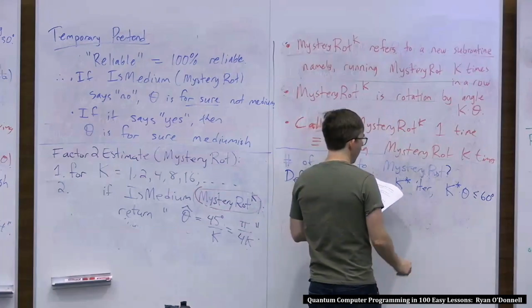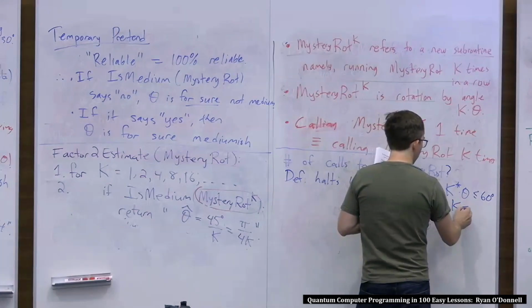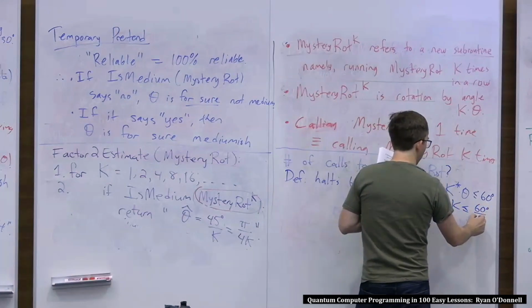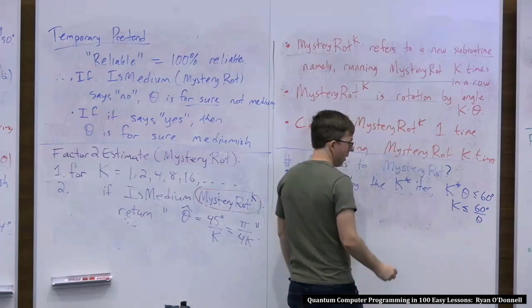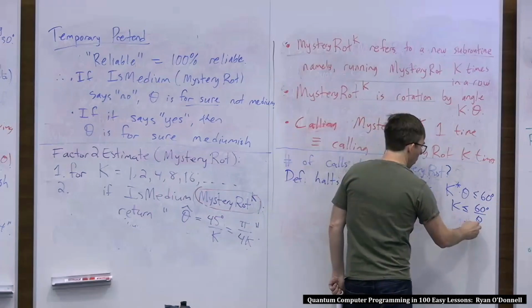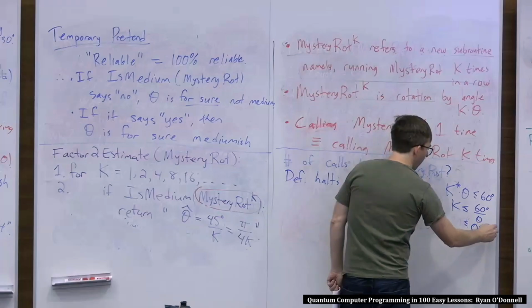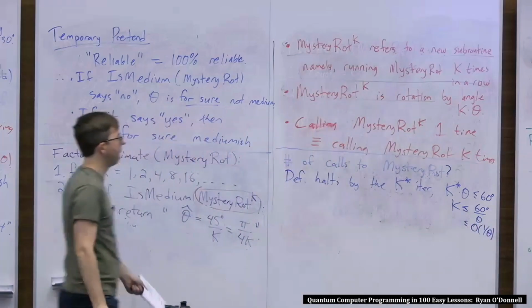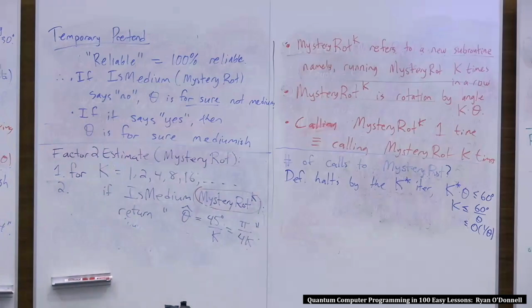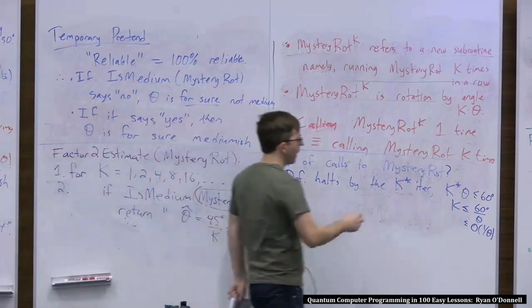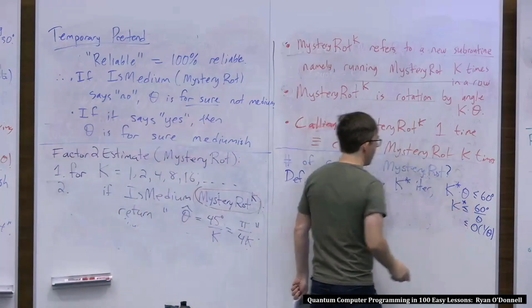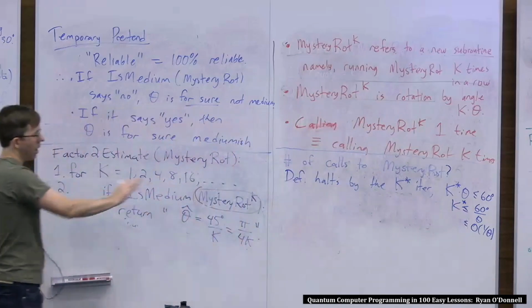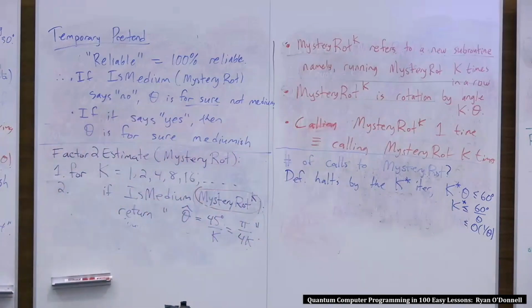And so that means k star is at most 60 degrees over theta. I don't know what 60 degrees is in radians, but anyway, this is order 1 over theta. Sorry, that should say k star. So this is just saying the final value of k star is upper bounded by basically 1 over theta.